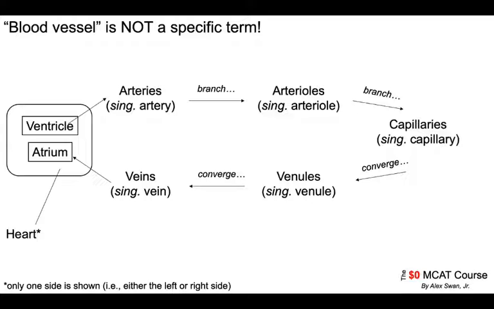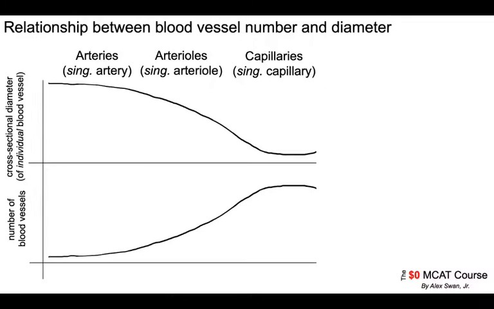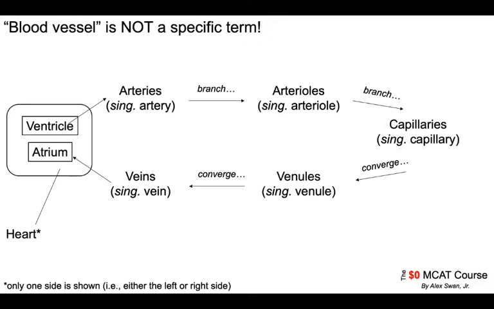So, blood in a closed circulatory system flows unidirectionally. In humans, blood will flow from the ventricle to arteries, to arterioles, to capillaries.